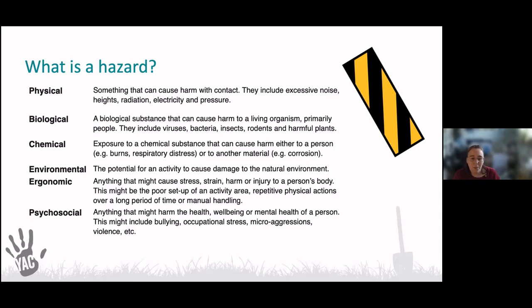Environmental is the potential for any activity to cause damage to the natural environment. So that could be if you're using a cleaning product such as bleach. You use that excessively and put an excessive amount down your drain, that actually is an environmental hazard.